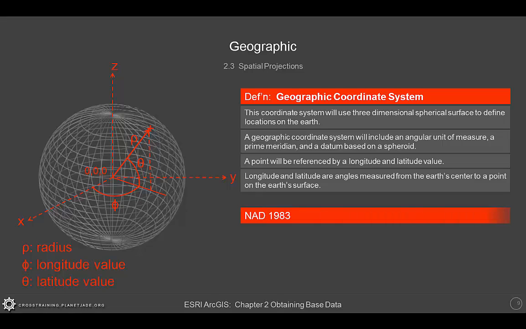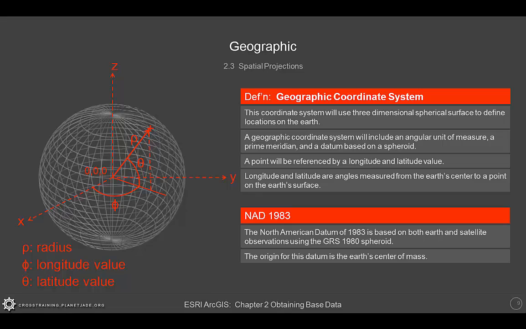So an example system is the NAD 1983. This basically stands for the North American Datum of 1983. It's based on both Earth and satellite observations using the GRS 1980 spheroid. The origin for this datum is the Earth's center of mass.